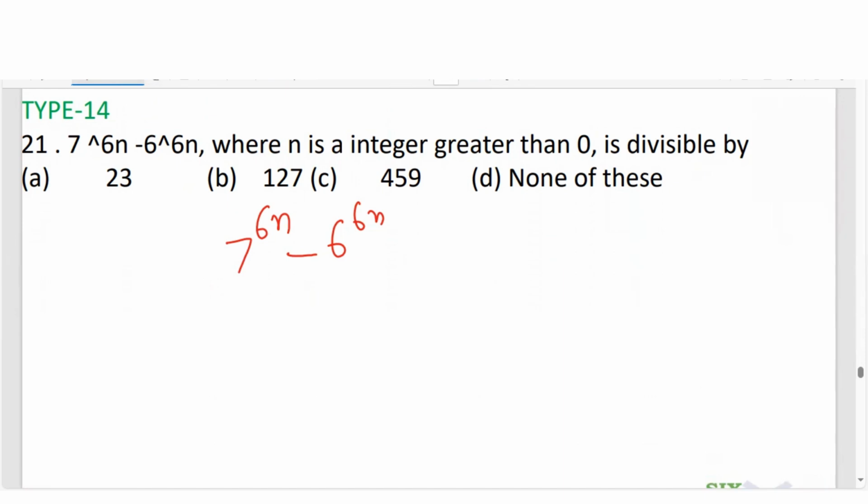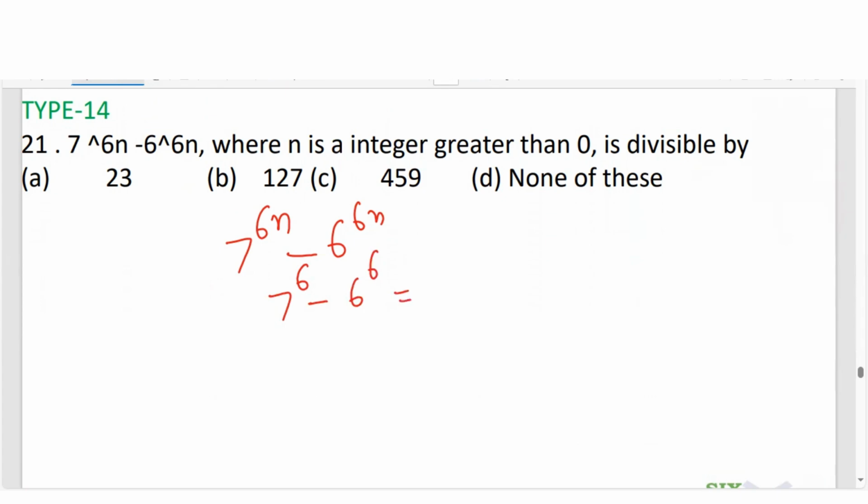For this type of question, the simple technique is this. We have 7 to the power 6n minus 6 to the power 6n, and n is greater than 0, so n cannot be 0. Suppose I take n equal to 1. Then we get 7 to the power 6 minus 6 to the power 6.